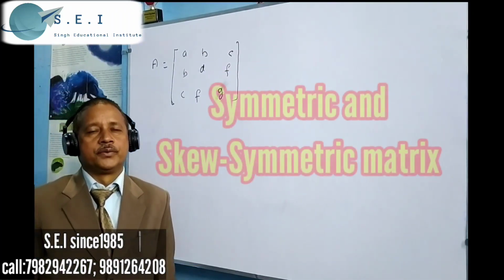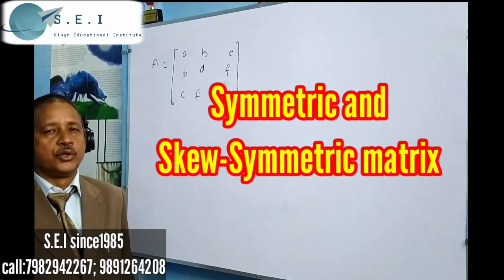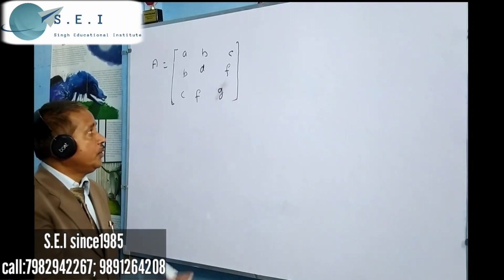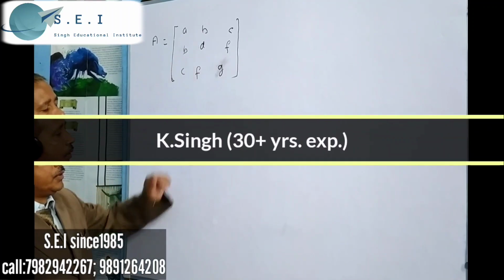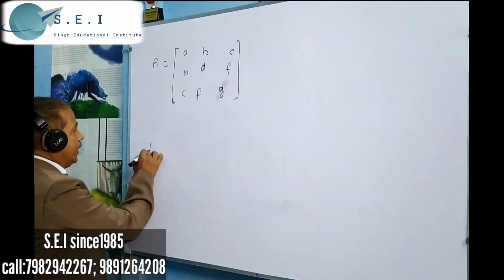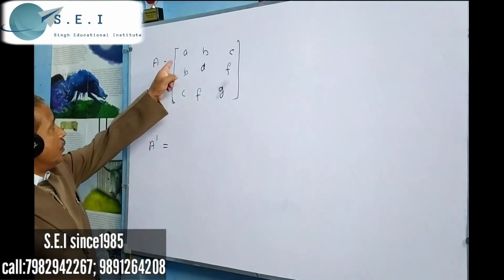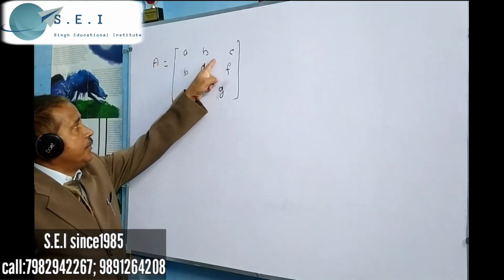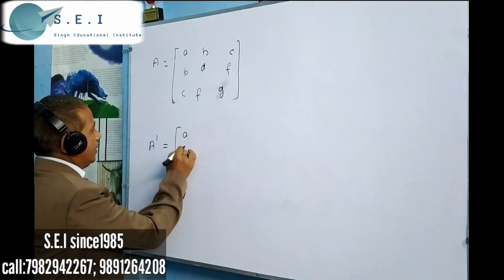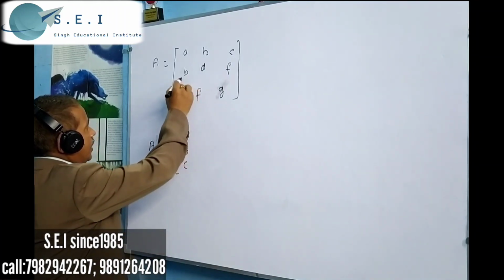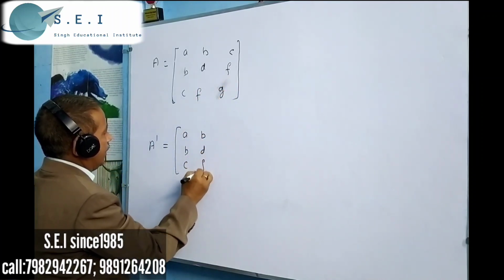Now, students, let us learn about symmetric and skew-symmetric matrices. We have already taken an example of matrix A. Now find A dash, which is the transpose of A. To get A dash, we convert the first row into the first column. It is a, b, and c. The second row into the second column, it is b, d, and f.